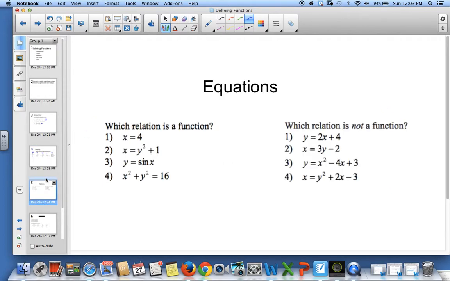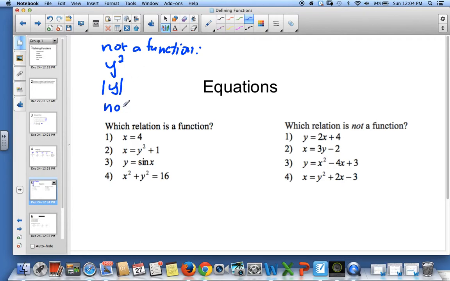Sometimes we look at equations to determine if it's a function. The easy way to look at that is we're going to say it's not a function if we have y squared in the equation. If we have an absolute value of y, then it's not going to be a function.